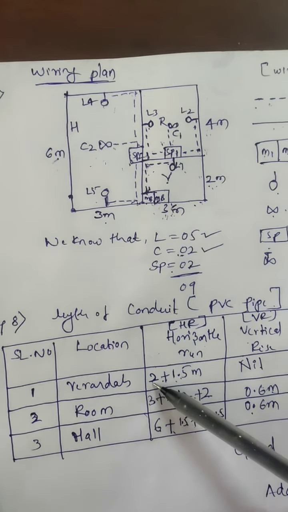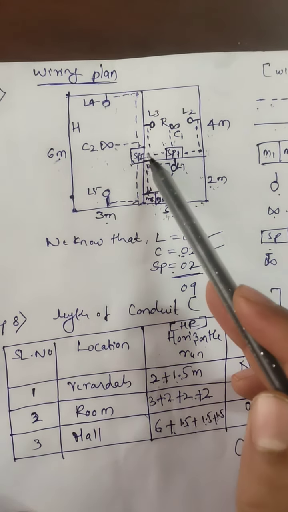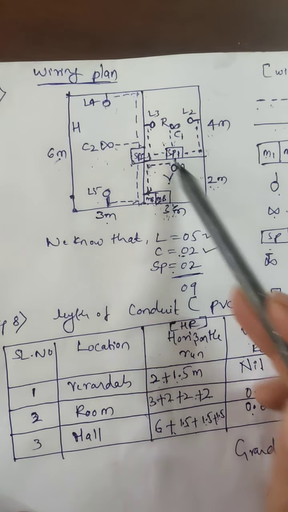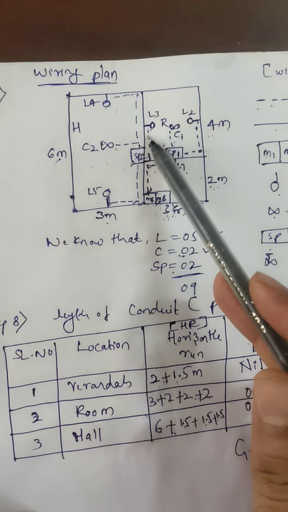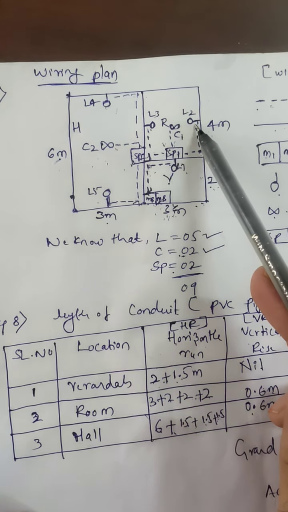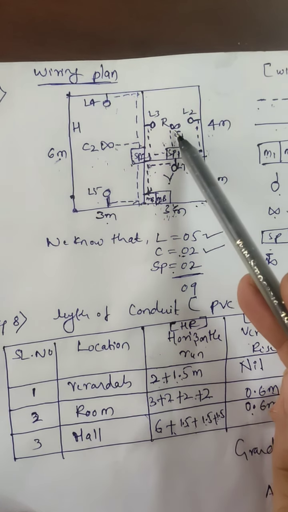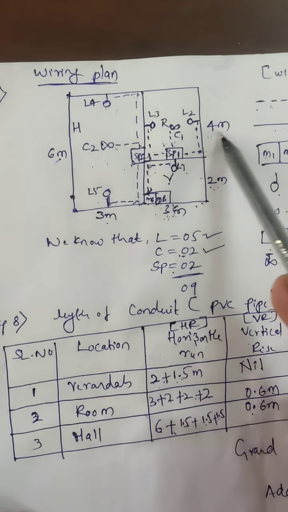And this line is 2 meter. Similarly, in the second room, the complete dotted line indicates 3 meter. So 3 is written, plus the dotted lines up to the L3 point, up to the ceiling point and up to the L2 point. That is 2, 2, 2, because this is given as 4 meter.